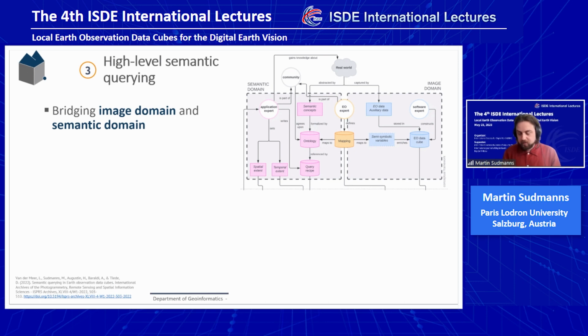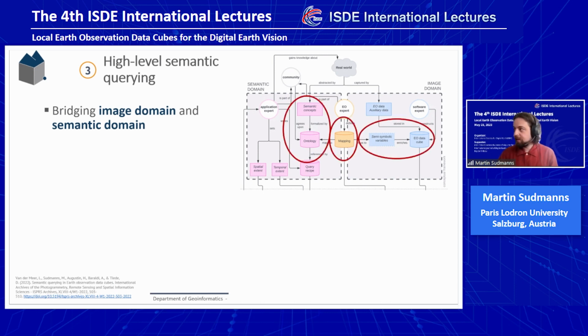This is the conceptual overview of how that works. So basically, as a user, you define the semantic concepts in what we call an ontology, and on the other side, we have the semantic enrichment that creates the variables, the categories that you can use, and then you create a mapping between these 2 worlds.